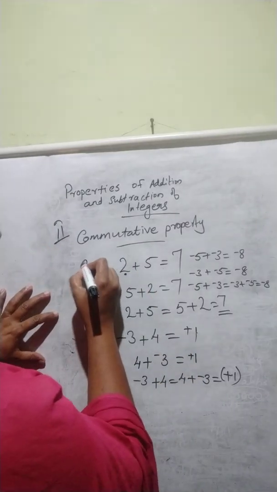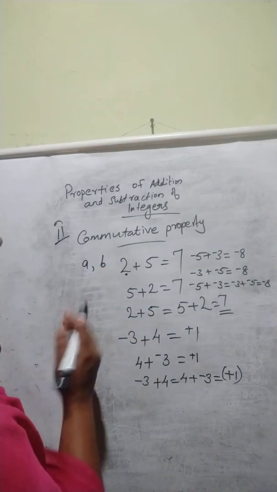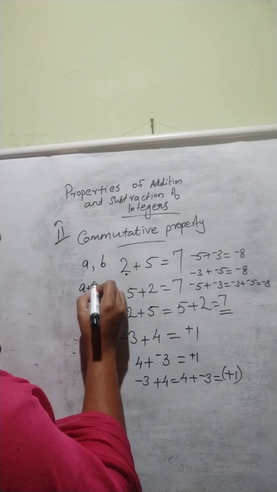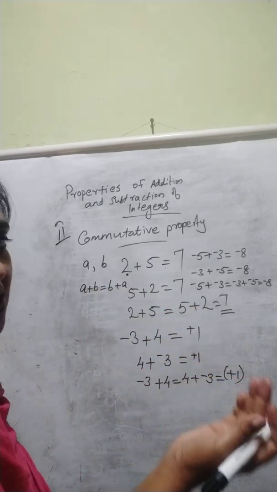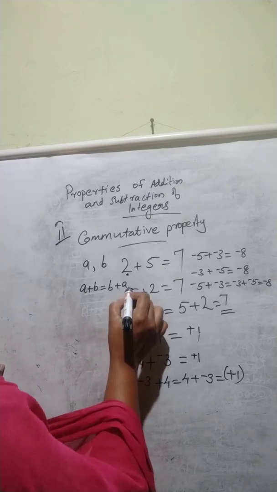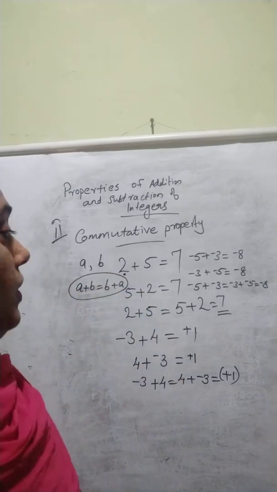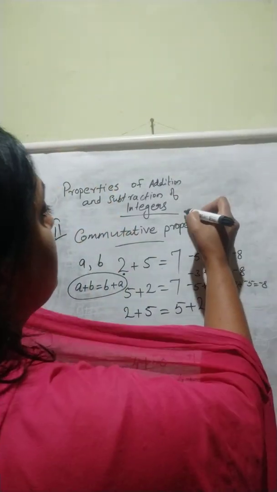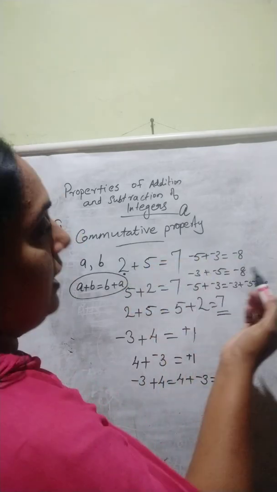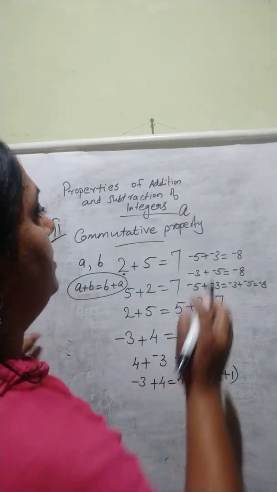If A and B are any two integers, then we can add A plus B and B plus A. A and B can receive any value. These two are variables representing integers. That means A plus B is equal to B plus A, and maybe the same integer itself sometimes.